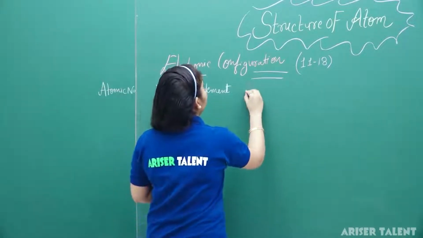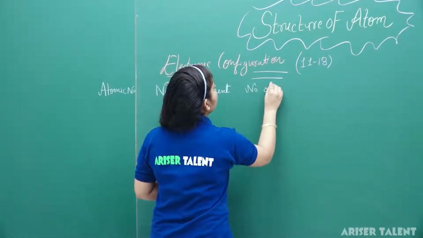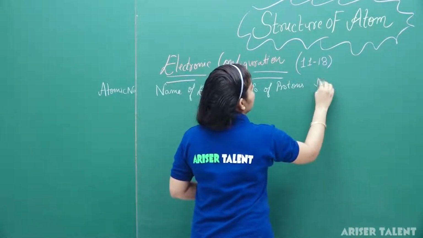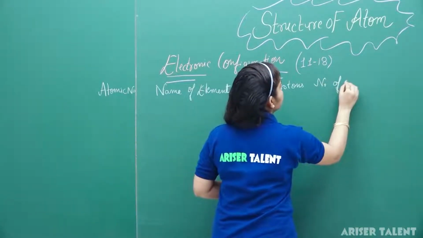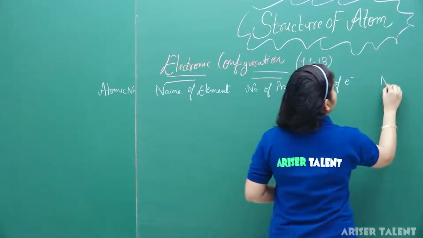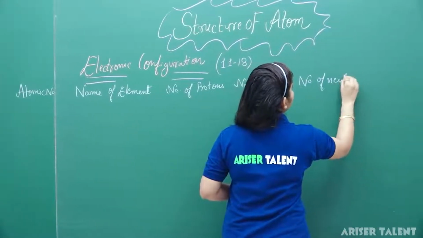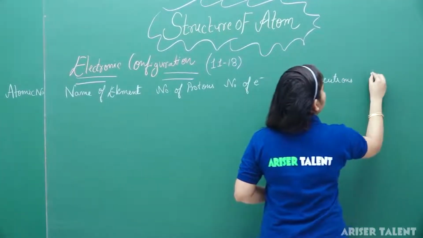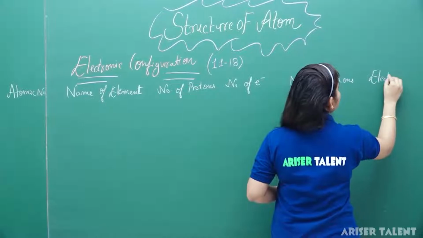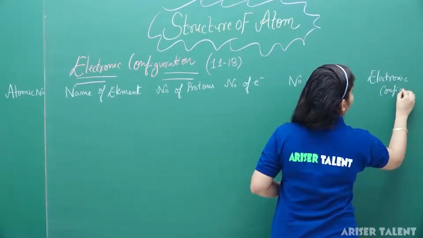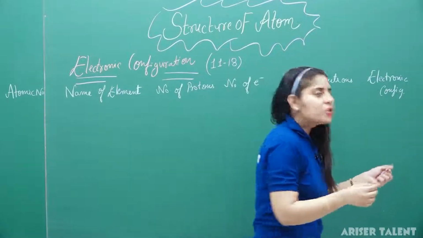Next, we have number of protons, number of electrons, number of neutrons, electronic configuration, and lastly we have the atomic structure of that element.